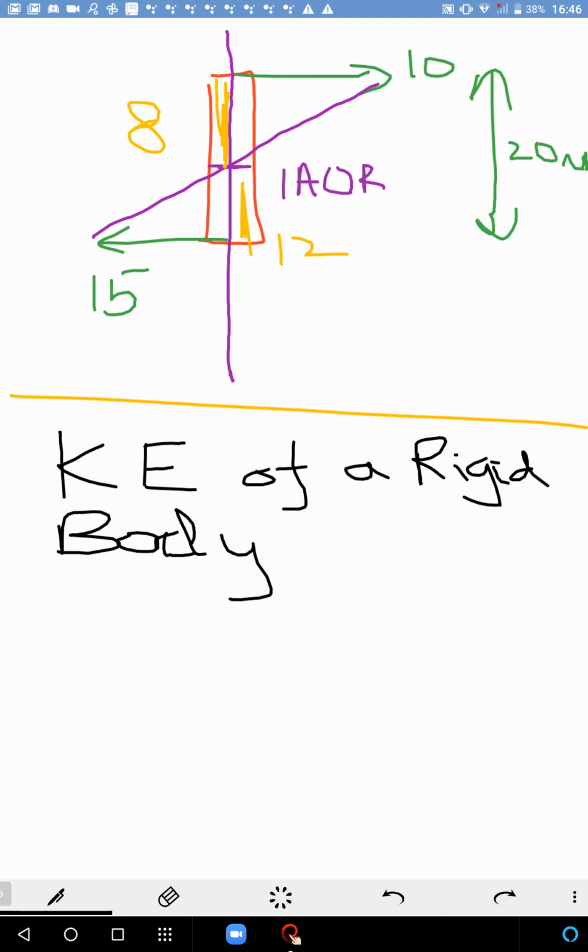Any rigid body ka kinetic energy, if it's rotating or translating or doing both, can always be written as half I about the IAOR omega square. If it's rotating or rotating plus translating, the kinetic energy of a rigid body can always be written like this: half I about the instantaneous axis of rotation omega square.